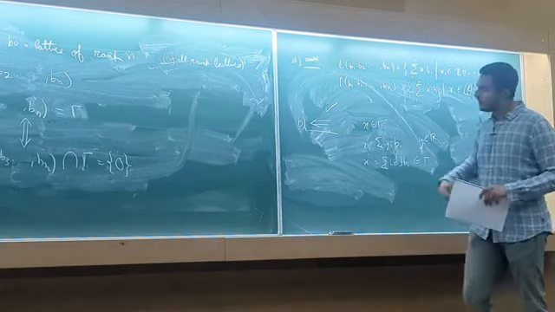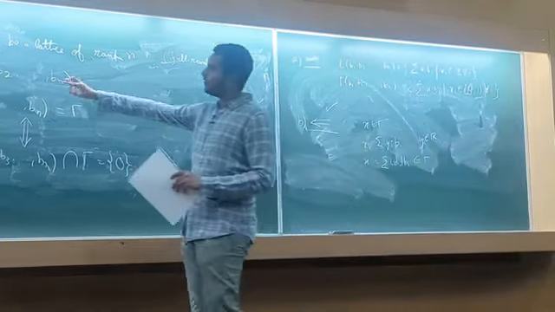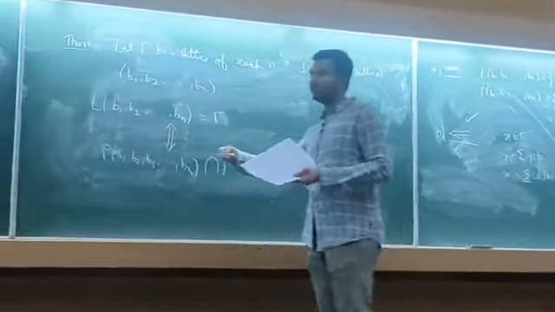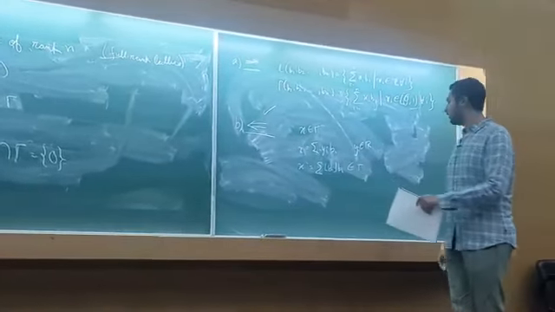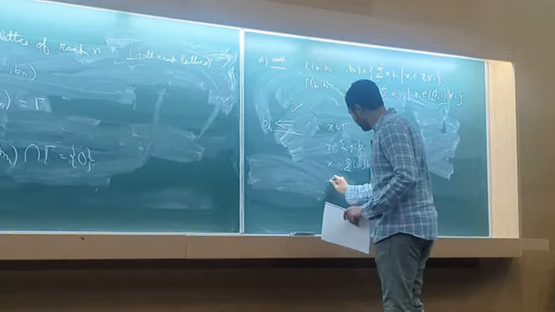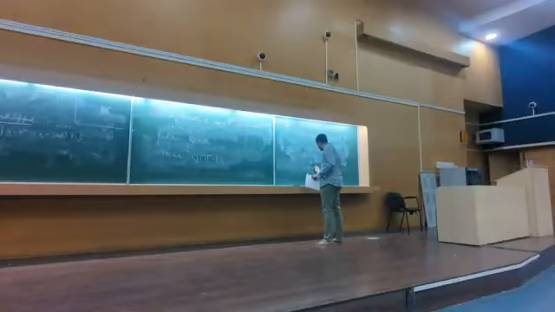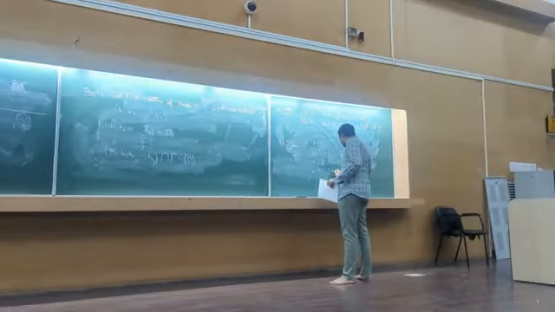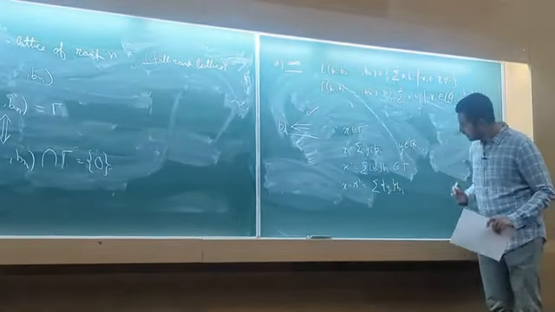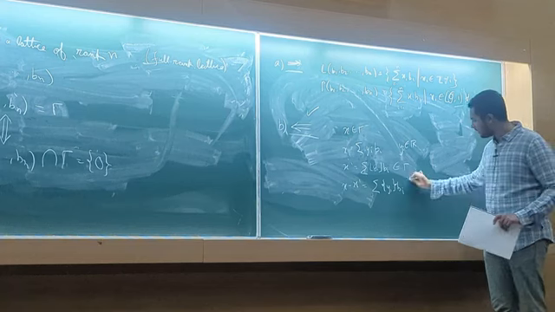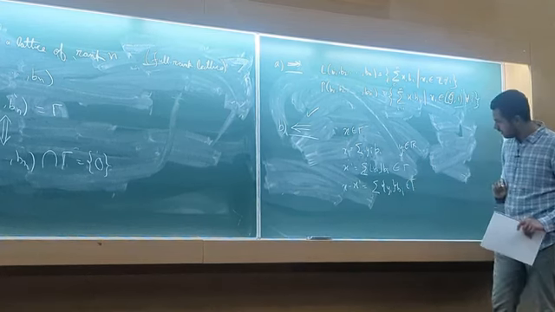Now subtract them, because if you have two elements in gamma, their addition will also be an element in gamma. You can subtract these. So this has to be in gamma, right? Because gamma is a lattice.